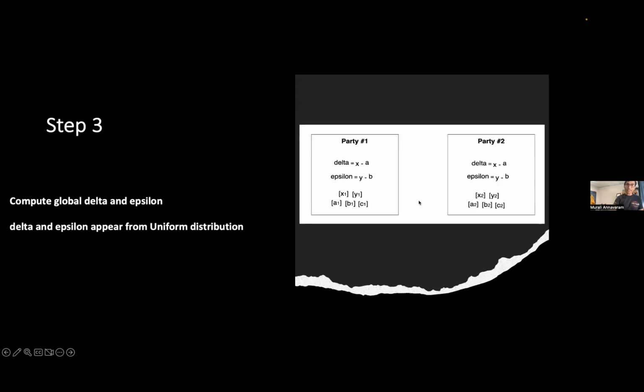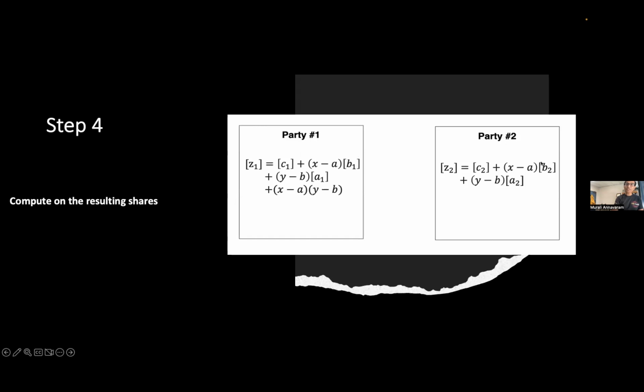That's the reason why this computation will add up to X times Y. And therefore, this X minus A and Y minus B are under the assumption that the parties are semi-honest, which means that they are doing the right computation. They won't mess with the computation itself.